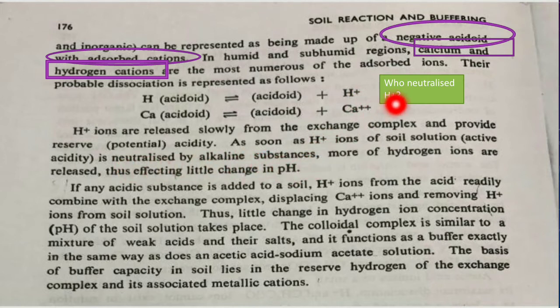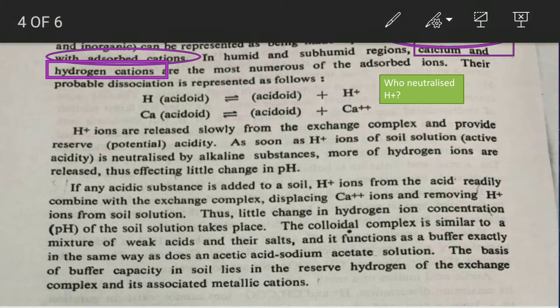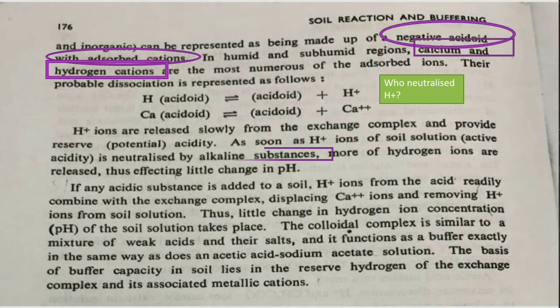So how are hydrogen ions neutralized in soil? When alkaline substances are added, more hydrogen ions are released, thus effecting little change in pH.